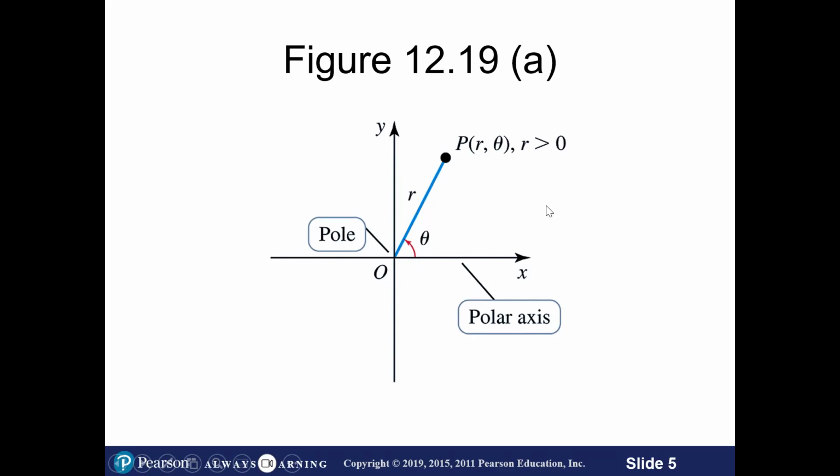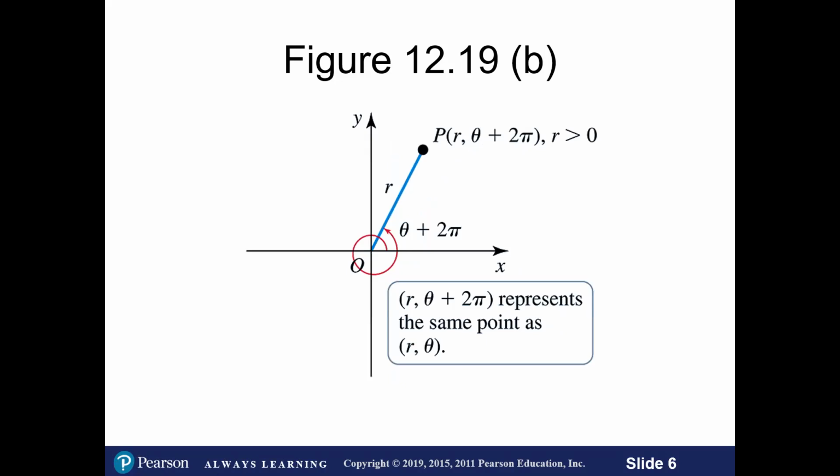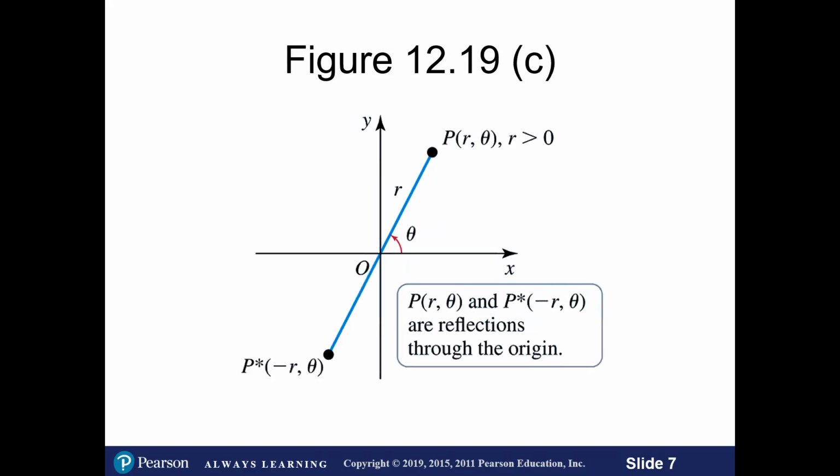You get the idea that there are an infinite number of ways to describe any point in the plane. So r theta plus 2 pi is the same point as r theta.